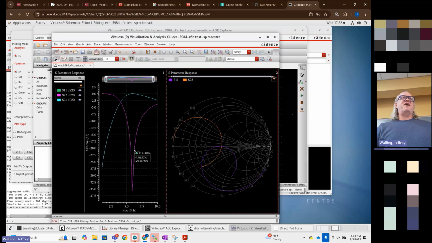The more loss that I add into the circuit, the wider the range of frequencies over which it will have that energy storage function, but the greater the loss at the center frequency. Hopefully that explains it.